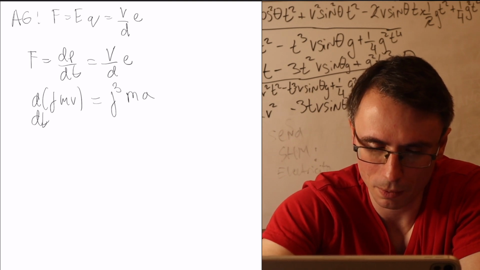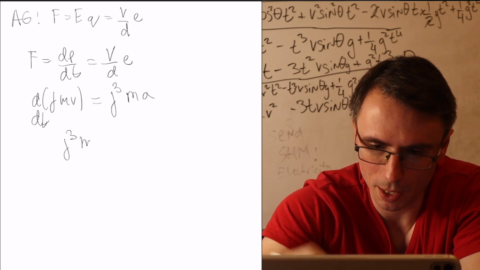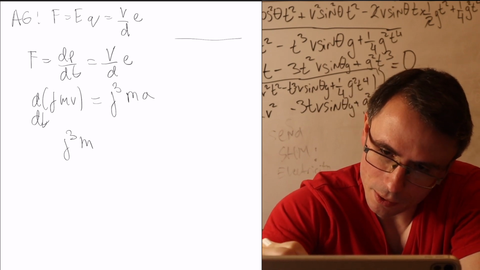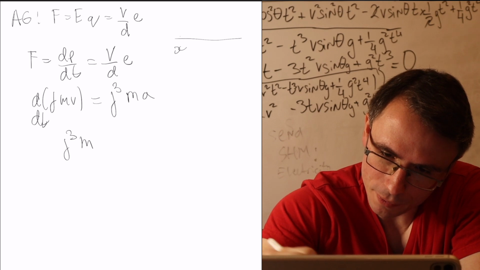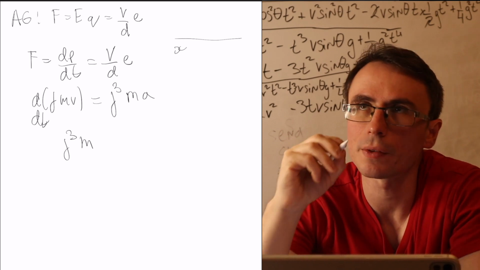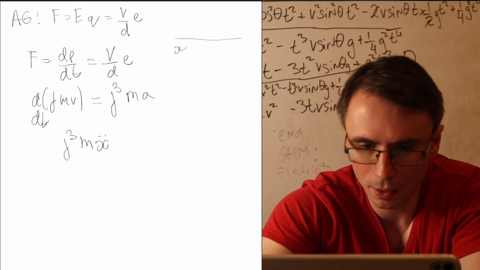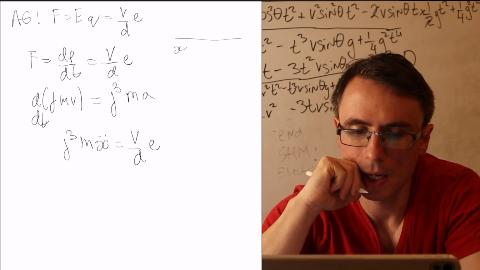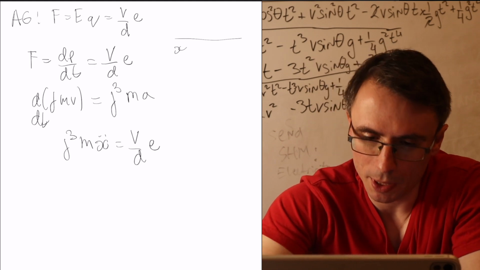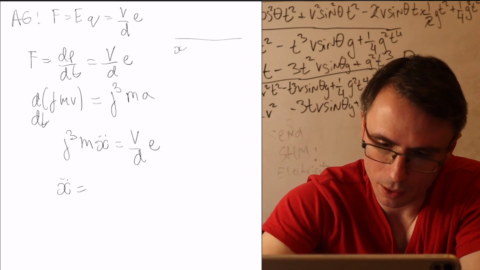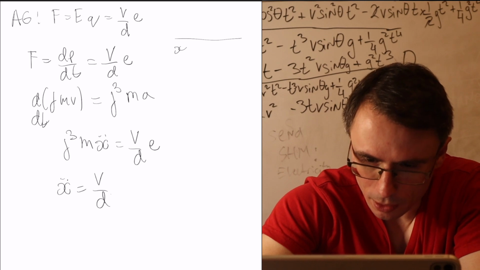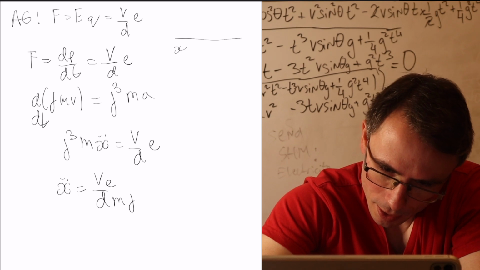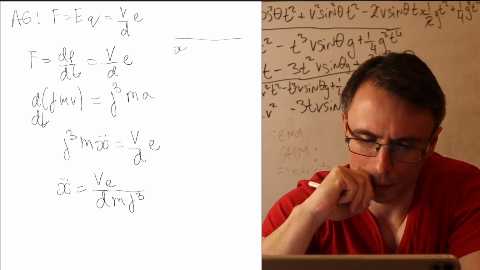So I can go gamma cubed m a, acceleration, let's say that this here is my x-coordinate. To go from here, the acceleration is going to be the second derivative, which is equal to V e over d. Okay, meaning that x double dot is going to be V e over d, and then m over gamma cubed.